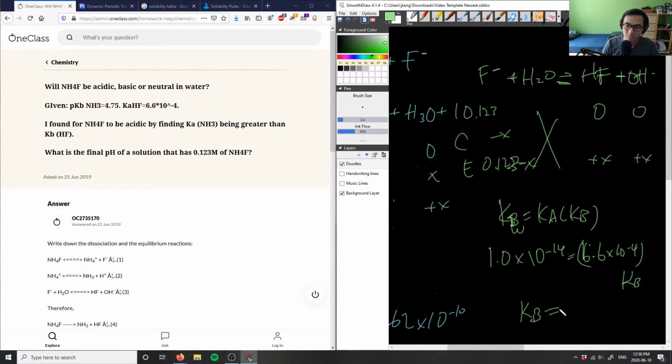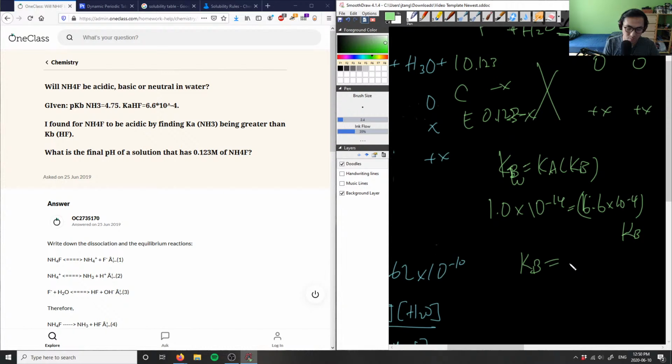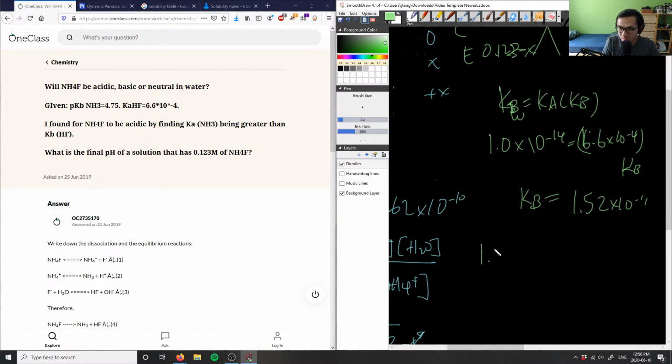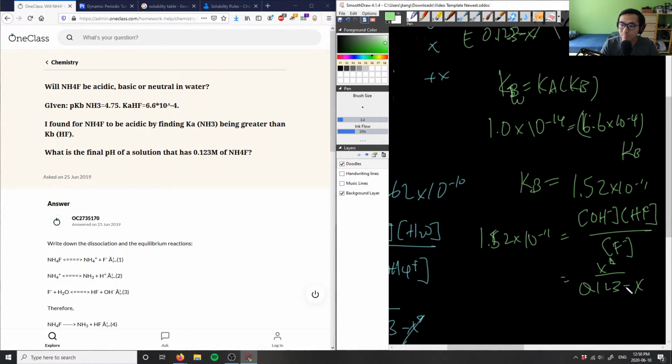This is a very long question here. So I'm going to get 1.52 times 10 to the negative 11. And now we can write out our concentration, right? Because I can set this to my Kb. So 1.52 times 10 to the negative 11 is going to equal the concentration of OH minus times HF divided by F minus here. This is x squared divided by 0.123 minus x.